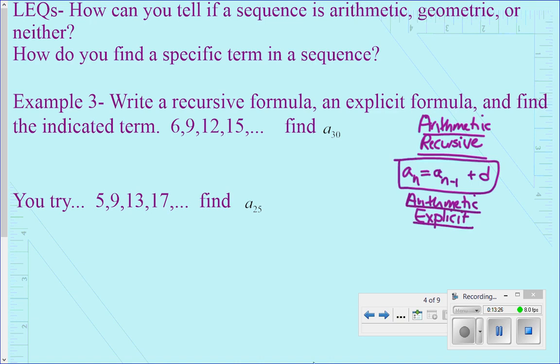And explicit, again, it's a good name for it because it'll give us the explicit term that we're looking for rather than having to refer back to the term before it. So the explicit formula, again, starts off a sub n. Now it starts with the first term, a sub 1, and then I add on the d multiplied by the number of terms minus 1. So that's the formula.